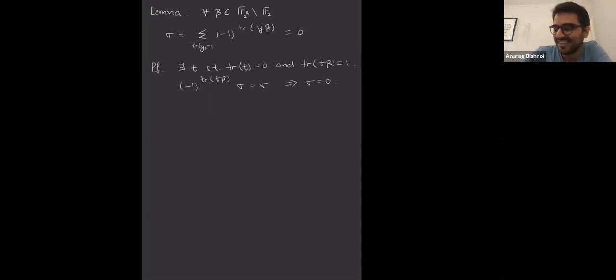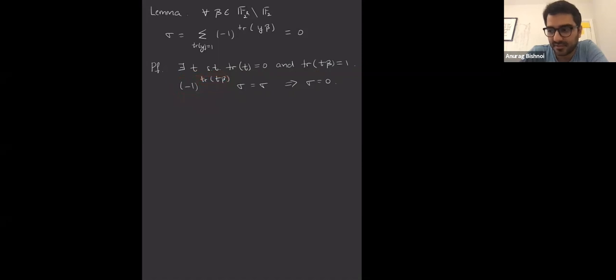Okay, so I claim that there exists such a special T for which the trace is 0, but the trace of T times beta is not 0, it's actually 1. And this I leave it to you to show that such a T exists. And in fact, this only exists if beta is not in the subfield. And if this is there, then when you multiply by minus 1 raised to the power trace of T times beta, and of course, this thing is 1, so this whole thing is just minus 1.